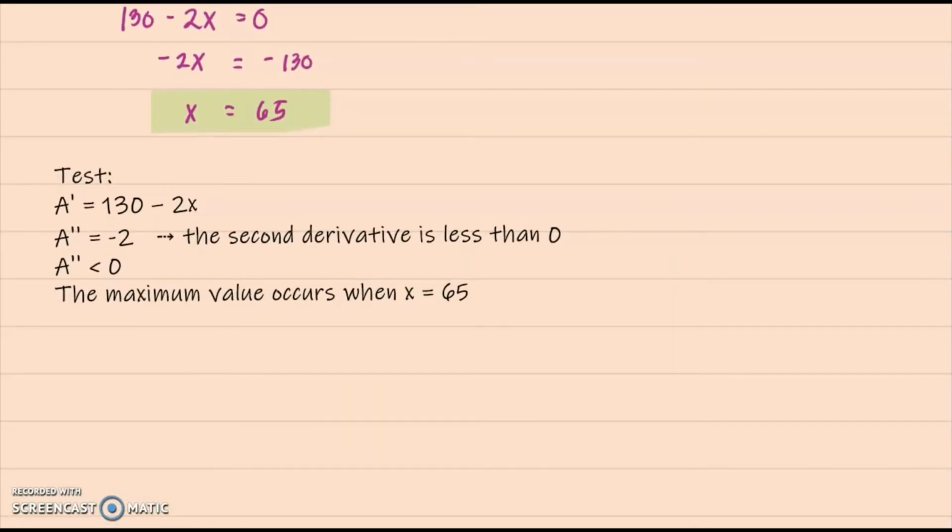So y is equal to 130 minus x, so y is equal to 130 minus 65. Y is equal to 65. Let's highlight that.